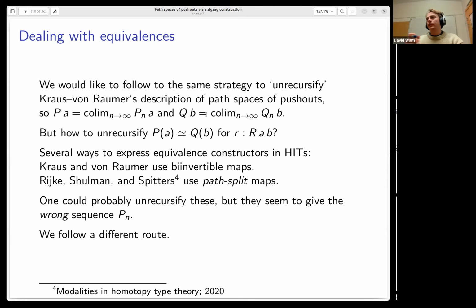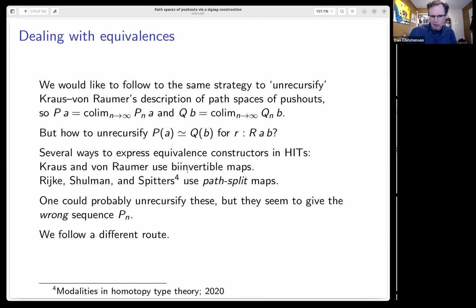So you would expect that you describe some sets as colimits, so you would expect that the terms of the sequence are also sets. But this doesn't seem to be the case if you use these descriptions.